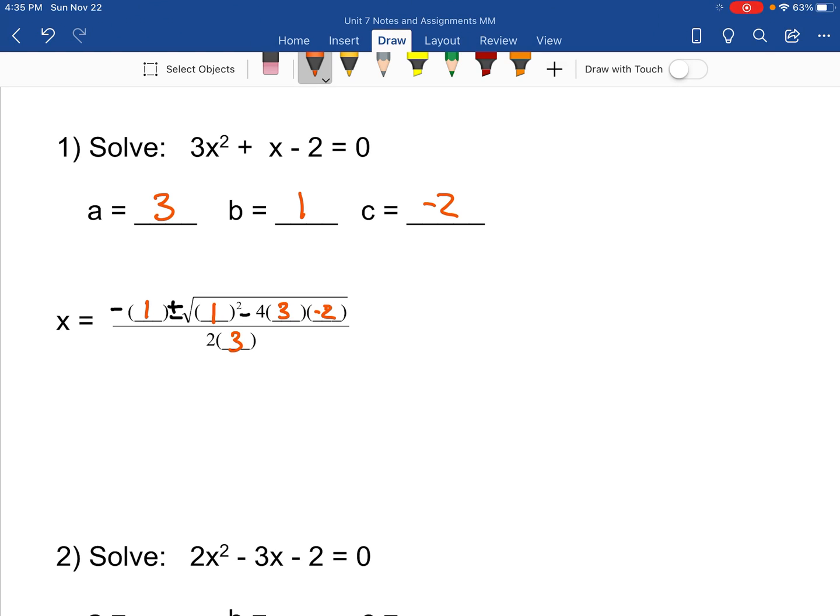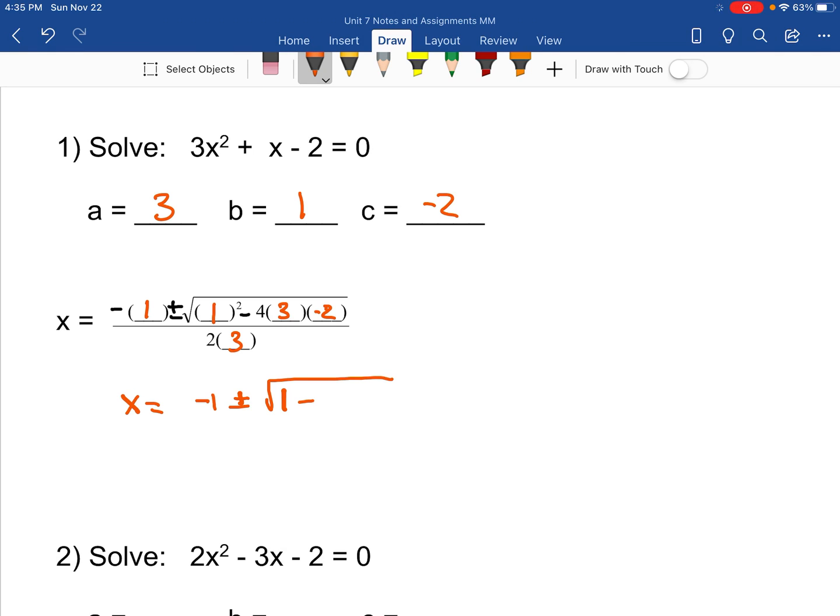Okay, so I'm going to come down here and I'm going to say x is negative 1 plus or minus, well, 1 squared is 1. 4 times 3 times negative 2 is a negative 24. So think about it.